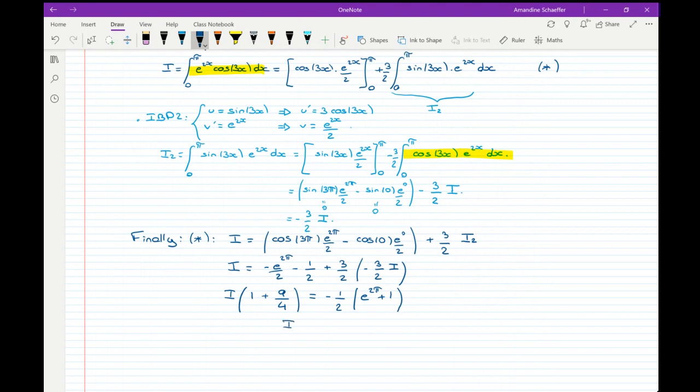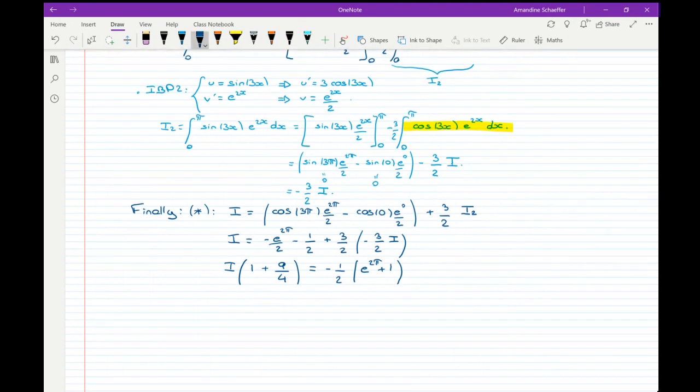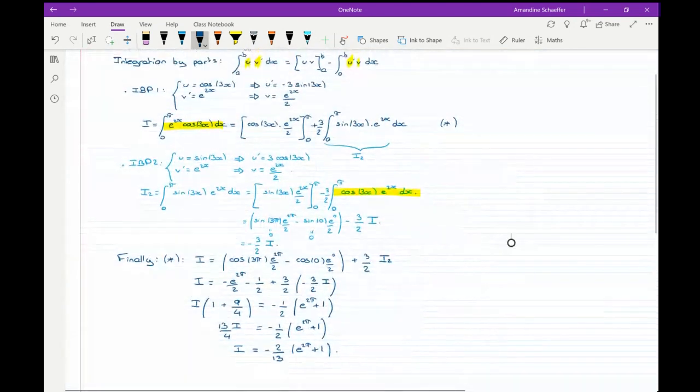And in the end, 4 plus 9 is 13. So I get 13I on 4 equals negative 1/2 exponential 2 pi plus 1. Which gives me in the end I equals negative, I can divide by 2, I get 2 on 13 exponential 2 pi plus 1. And done.